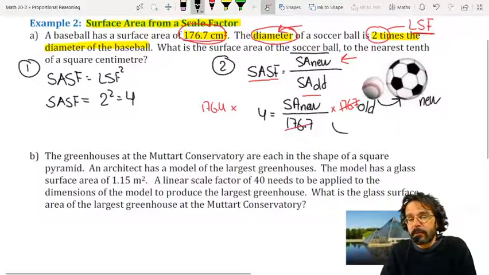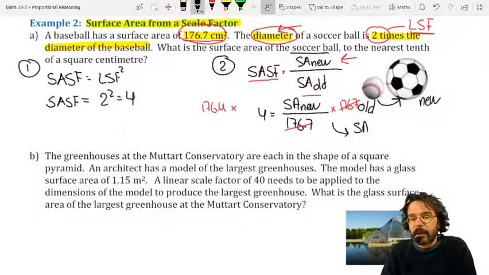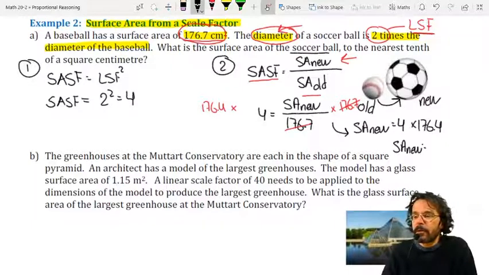We're left with the surface area of the new object equals 4 times 176.7, and if we calculate that, the surface area of the soccer ball is going to be 706.8 square centimeters. That's our answer here.